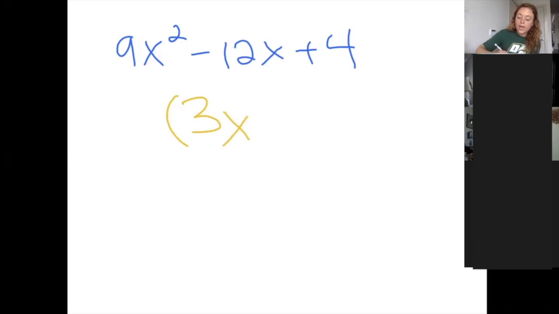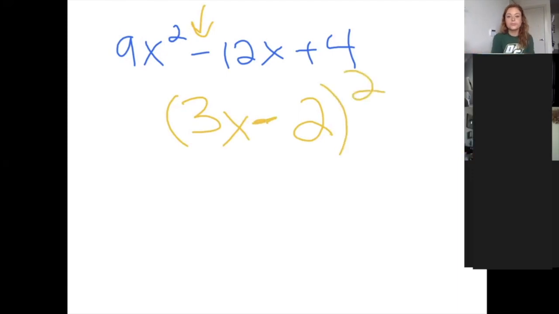And then the number at the end will be the square root of this number. What's the square root of that number? 2. And then the sign in the middle is whatever the sign is right there in front of your b. And then you square the whole thing. Was that the answer we got? Yep.